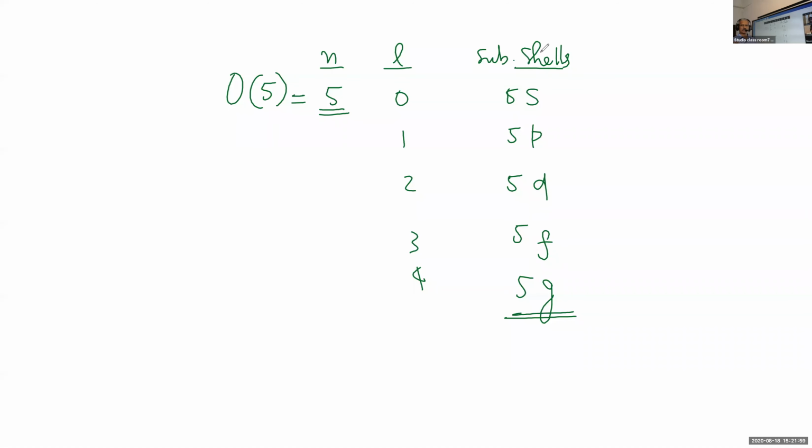Corresponding to that, there will be the number of subshells also: 0, 1, 2, 3, etc., s, p, d, f, g, etc. And you give the principal quantum number also on the left-hand side to distinguish between the various subshells of the various shells.